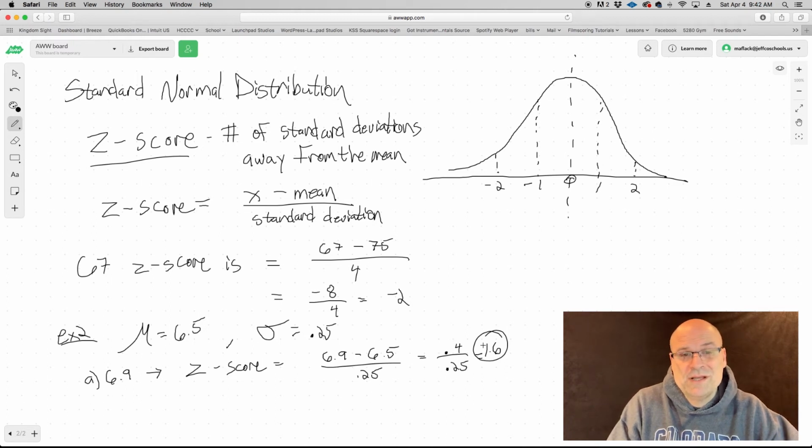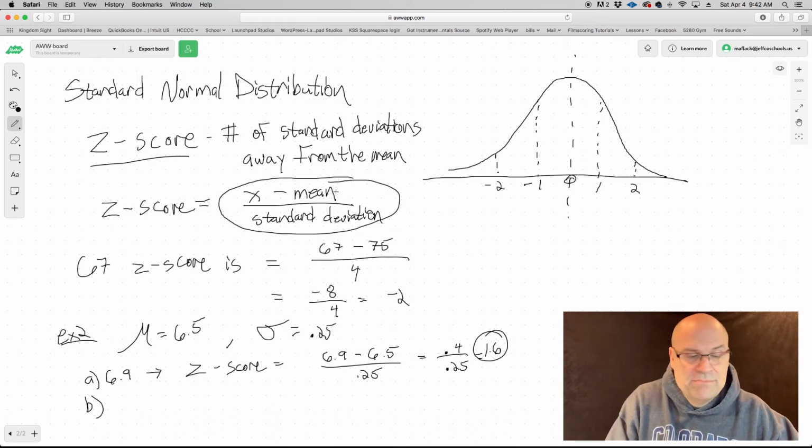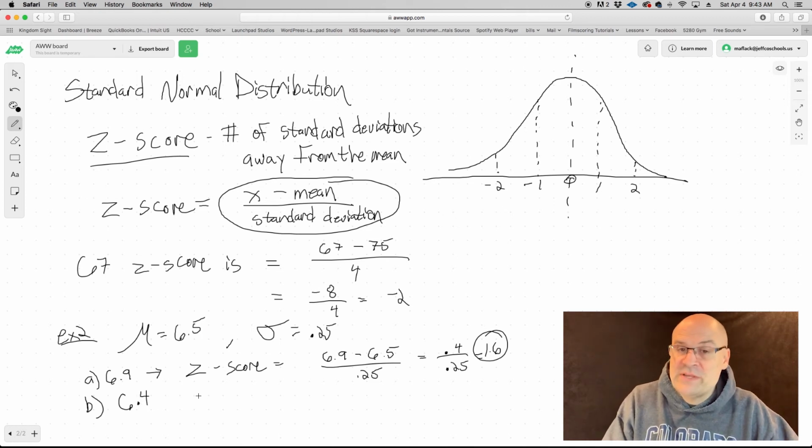You can just plug and chug. Understanding what the z-score is is a little more challenging and harder to remember. But remember, if you're asked to find the z-score and you know the formula, then you're good to go. Let's try B. A randomly selected can weighs 6.4 ounces. How many standard deviations is this below the mean? Okay?